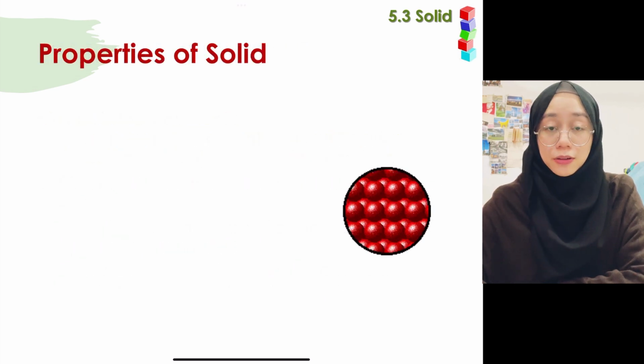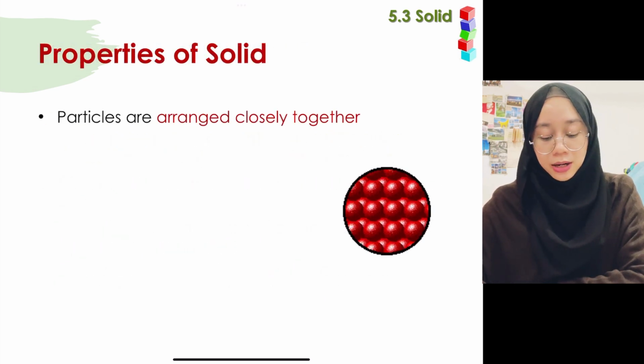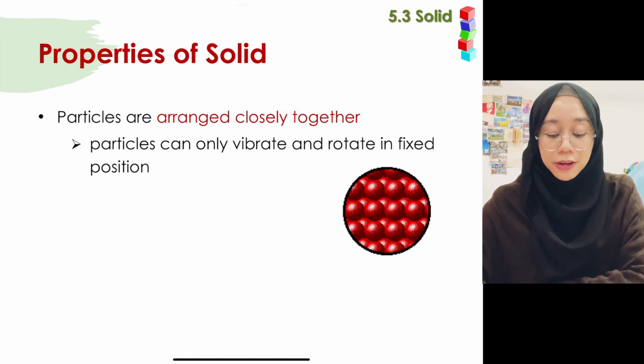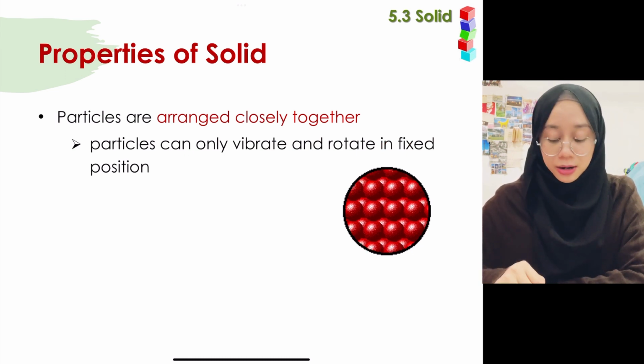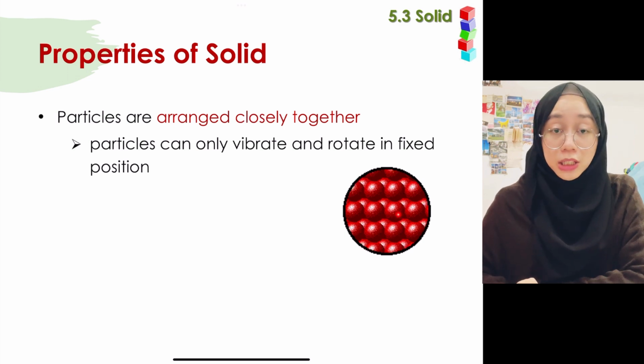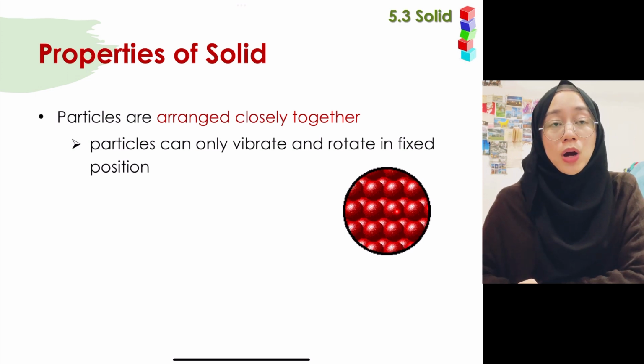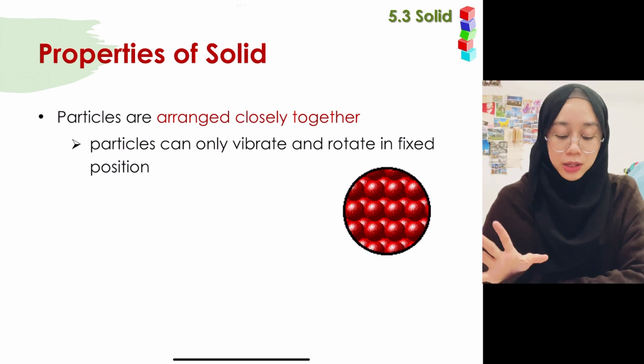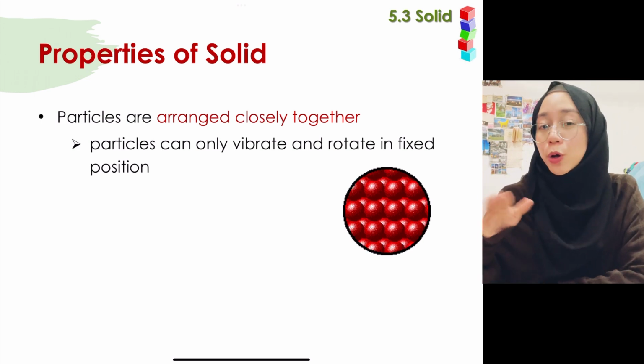Okay, so properties of solid. Particles are arranged closely together, rigidly. They are very closely packed to one another, so they can only vibrate and rotate in a fixed position. The particles are fixed in their own position, in comparison to liquid, because liquid is also arranged closely together but not rigidly.